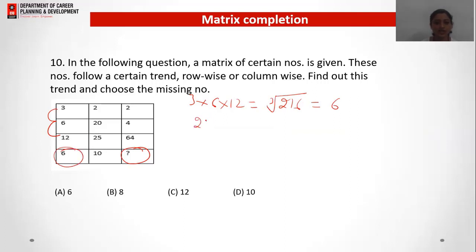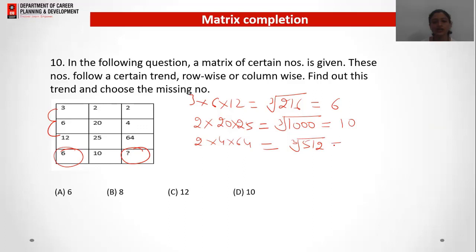Similarly, if we multiply 2 with 20 with 25, that comes out to be 1000, and the cube root of 1000 is 10. In the same pattern, if we multiply 2 with 4 with 64, we will get 512. The cube root of 512 comes out to be 8. It means 8 will be the missing digit.